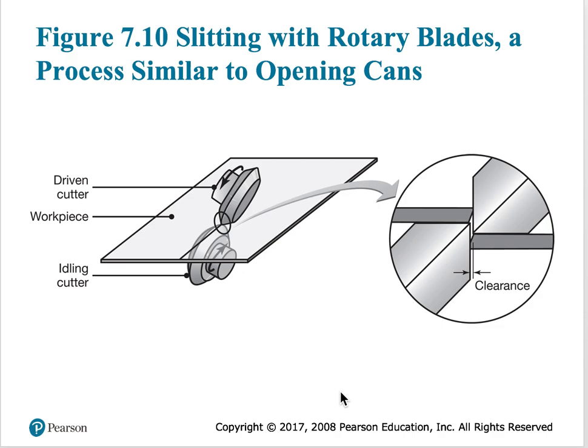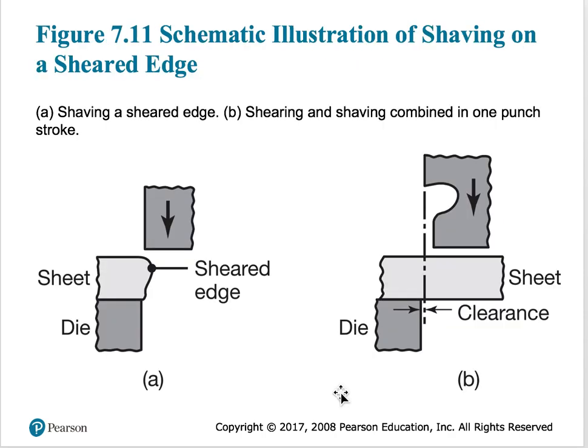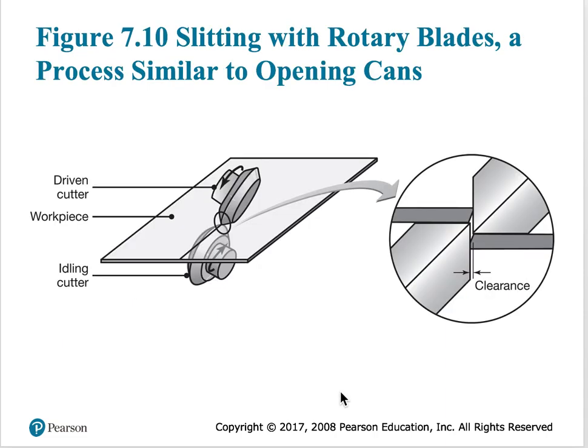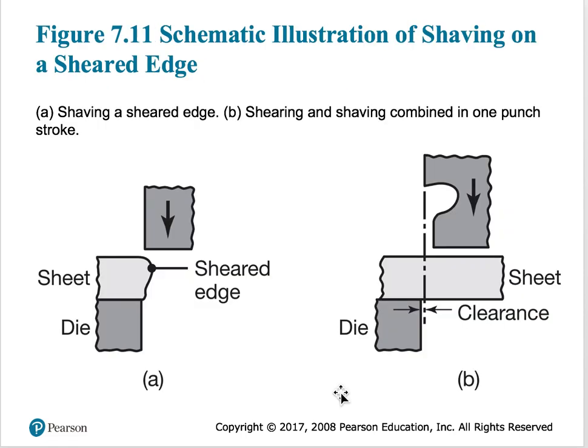So this one describes the type of shearing dies. So you have punch dies and... I don't see this one in the textbook.